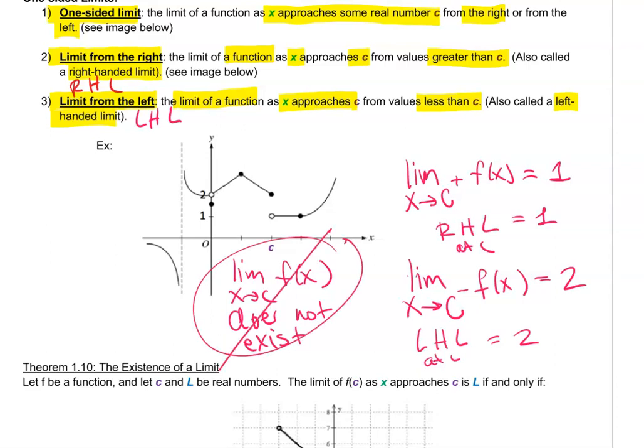So this limit does not exist. But if I put a little plus, just looking at the right-hand side, that limit is 1. If I put a little minus, just looking at the left-hand side, that limit is 2. So now we're allowed to let limits exist on just one side or the other, and we indicate that with these little superscripts, plus and minus.